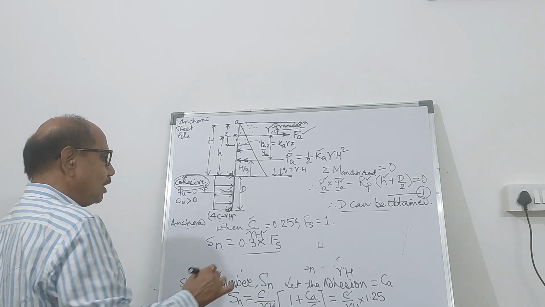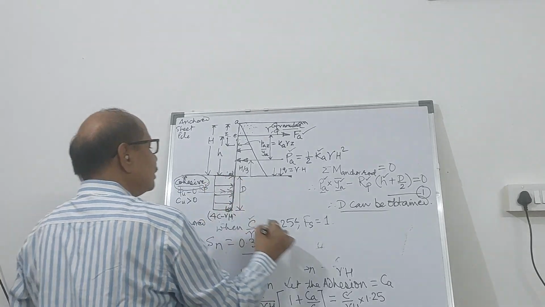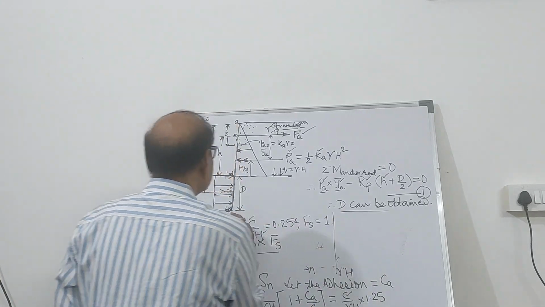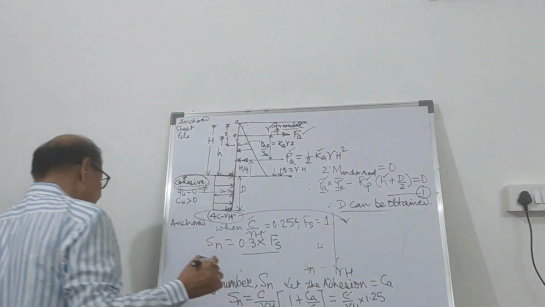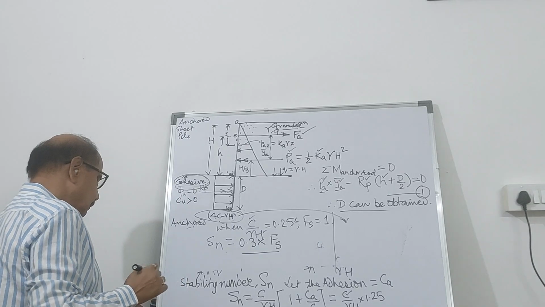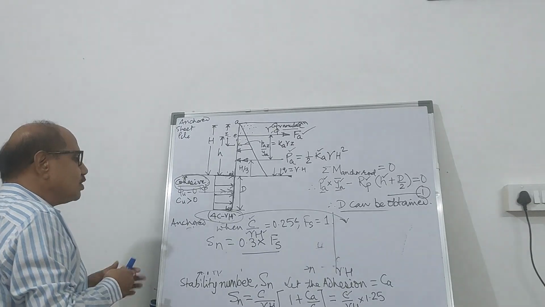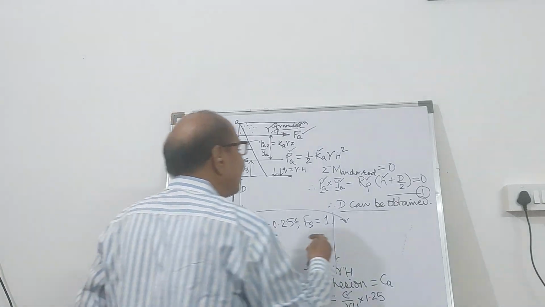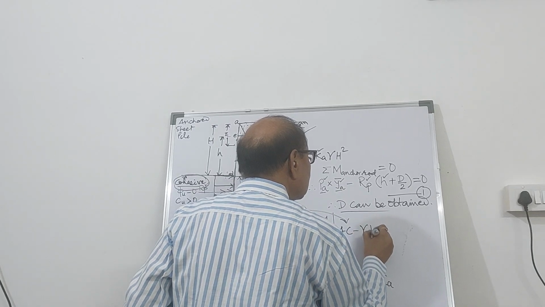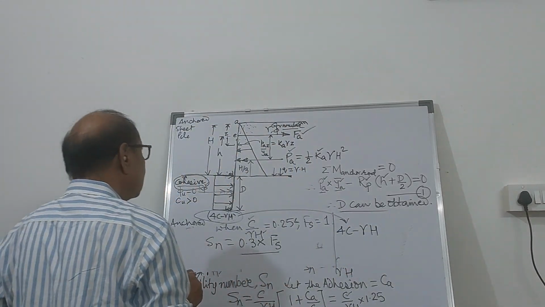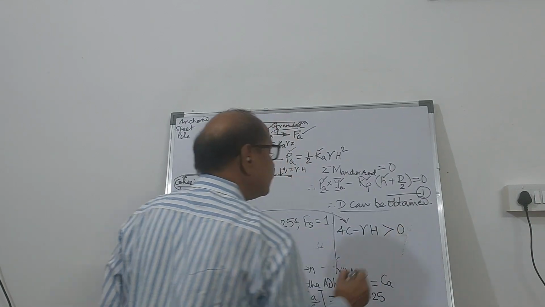This 4c, this particular value, you can see here that 4c minus gamma h must be greater than 0.